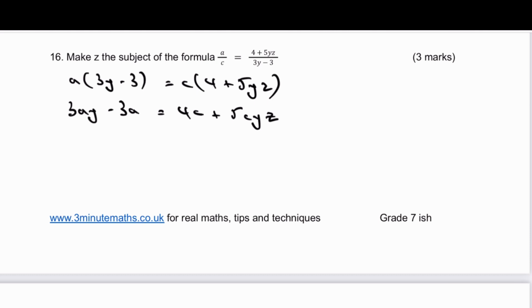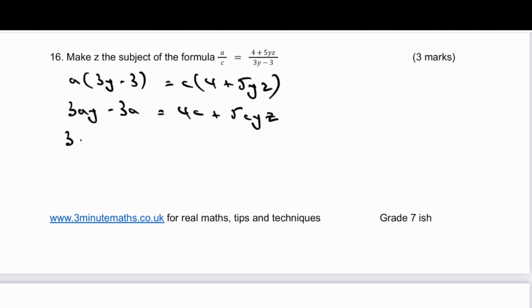Okay, so I need to get my terms containing z on, in this particular case, I'm going to put them onto the right hand side, I think. Yeah, that works for me, because then it keeps everything nice and positive. I get positive 5cyz, so that works very well for me.